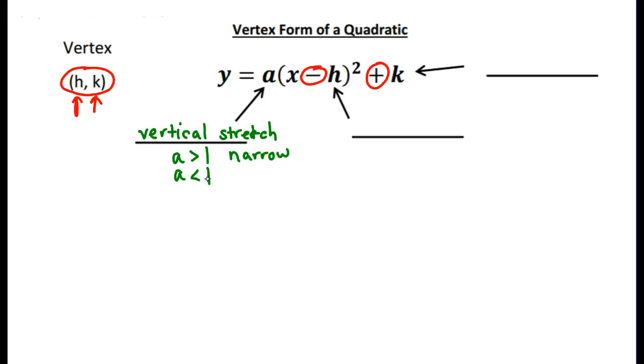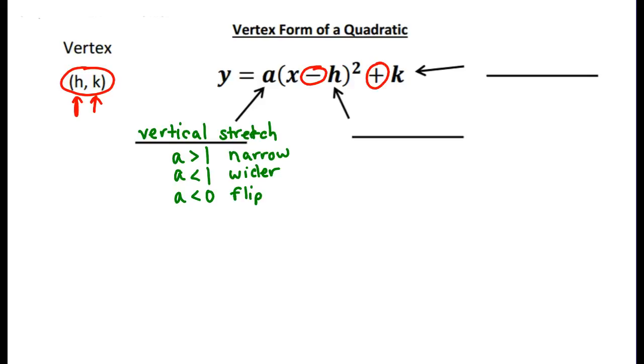If it is less than 1, your graph is going to appear wider. Or you can have the situation where a is going to be less than 0, so we're talking about a negative here, and that's just going to flip the graph upside down. Okay, it is important to know that if there is no number in front of the parentheses, that it is just a is equal to 1, and that's your normal graph.